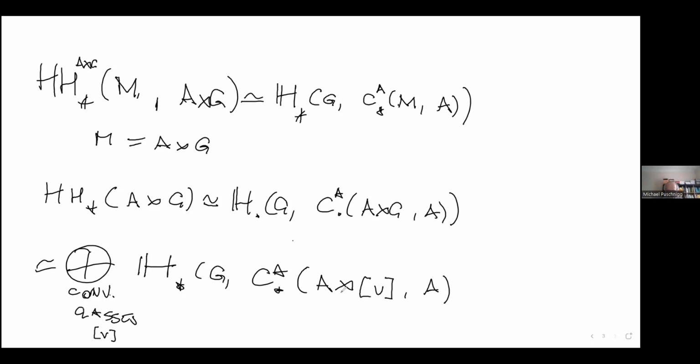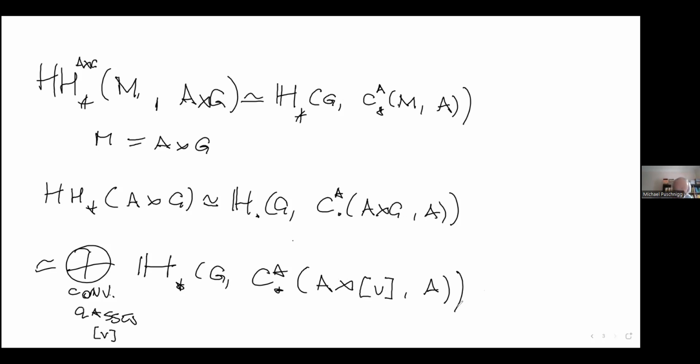Okay, so this is just the linear subspace or the G submodule over the cross product given by linear combinations of elements in the conjugacy class with coefficients in A.